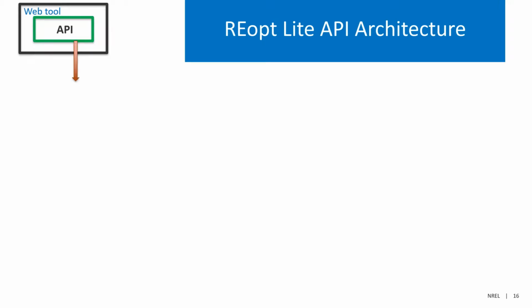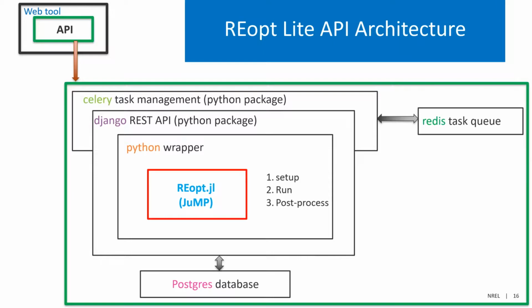That API code has this structure where the innermost part is the kernel or optimization engine, where the mathematical formulation and solution of the optimization problem happens. Above it there is a Python wrapper, where data pre-processing happens: fetching data about solar, wind, and utility costs, and pre-processing it into matrices and arrays which get fed to the mathematical formulation.